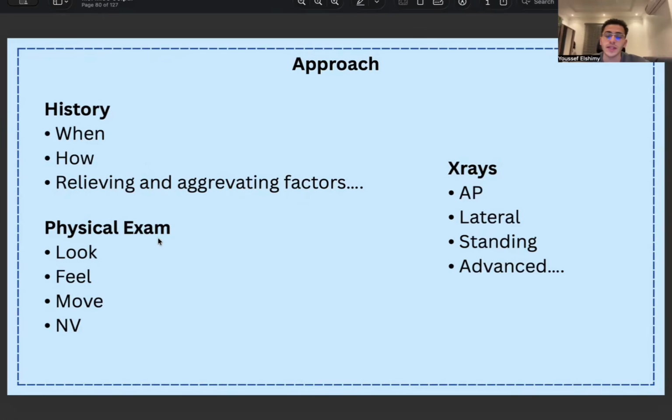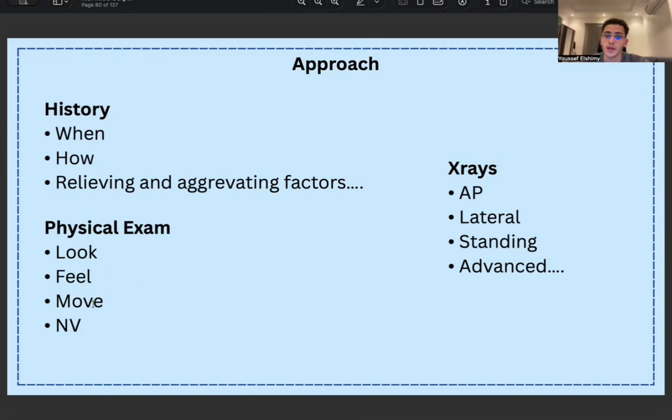We do the physical exam. It's really important to look for signs of inflammation, to look at the joint itself for redness, hotness, swelling, pain, and loss of function. Also, you have to feel the joint itself, for example whether it's warm. You try to move the joint actively and passively to assess the range of motion.